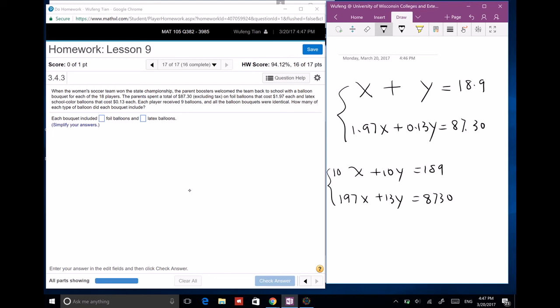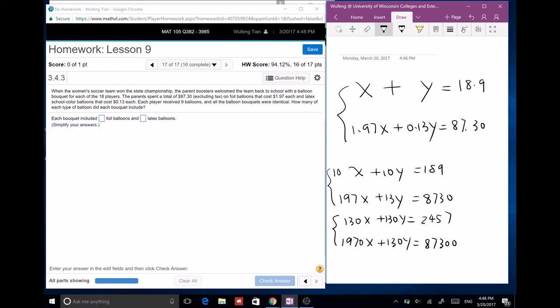Let's cancel y. Multiply the first one by 13. So 130x plus 130y equals 189 times 13, which equals 2457. The other one is multiplied by 10, so it's going to be 1970x plus 130y equals 8700.